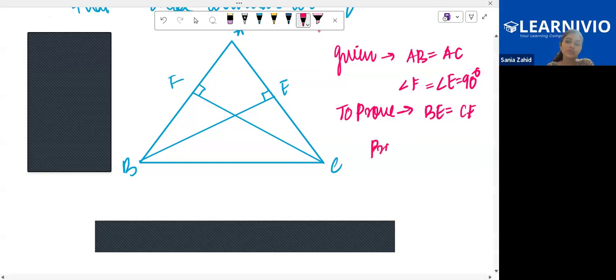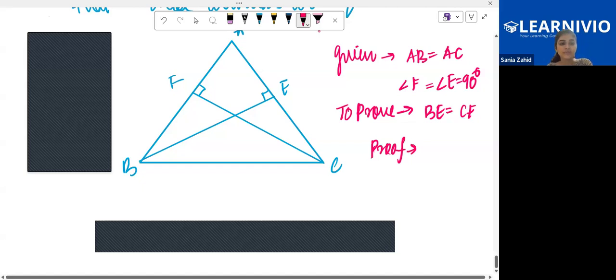Okay, can you do the proof? Do you have any approach for this? Yes. Okay, try solving it.